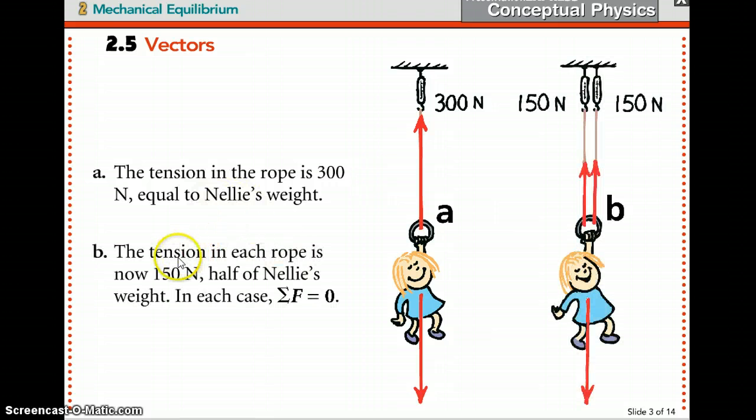But if we cut it in half, and so now Nellie is hung by not just one rope but two, you can see we end up having two ropes, and each one would have half of her weight. So this first rope would have 150 newtons. This second rope would also have 150 newtons.